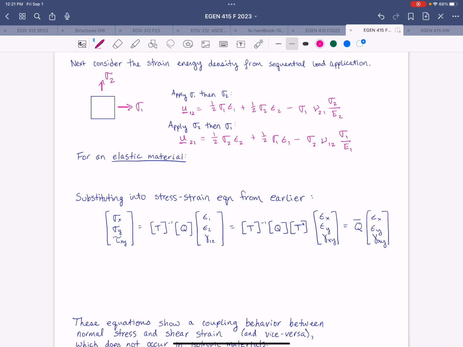However, if the material is elastic, the matrix is symmetric. So that means we have reciprocity. In other words, we would have Poisson ratio subscript 2, 1 over E2 is equal to the Poisson ratio 1, 2 over E1.